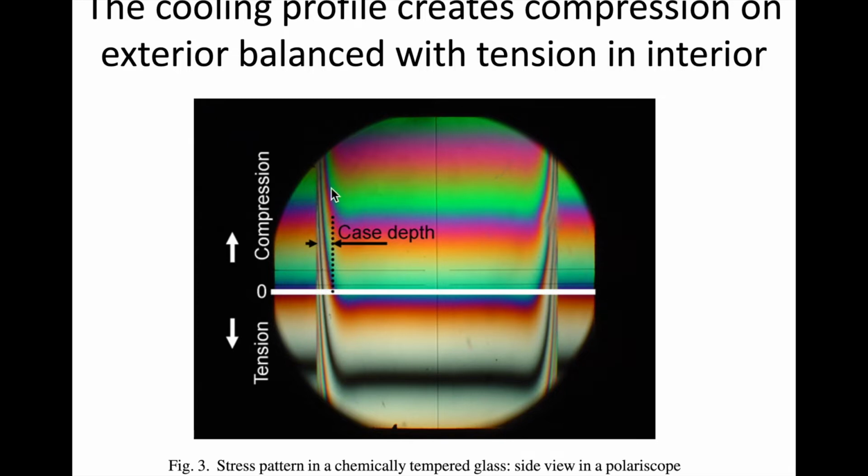What we see is this affected region, with this optical polarization, this disturbance that shows us the depth at which the compression results on the surface of both sides, and then in the interior, that's the tensile region. So we have this interesting stress or strain state.